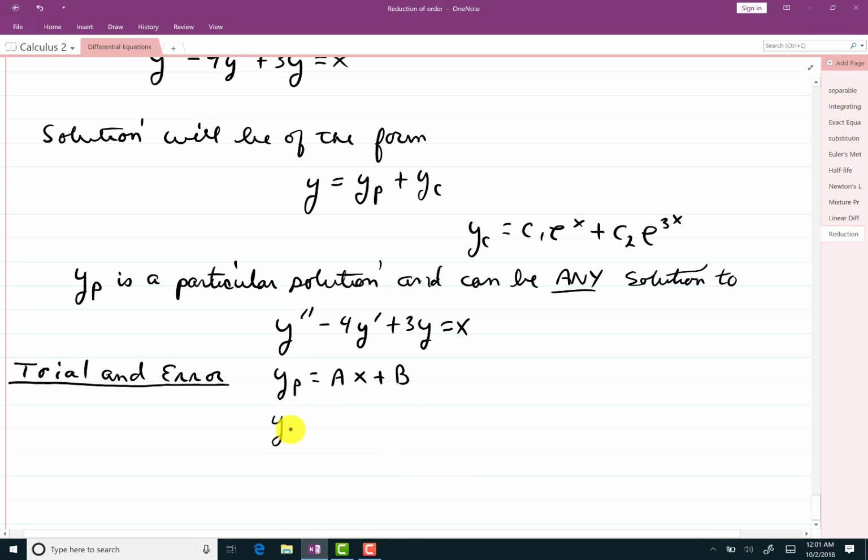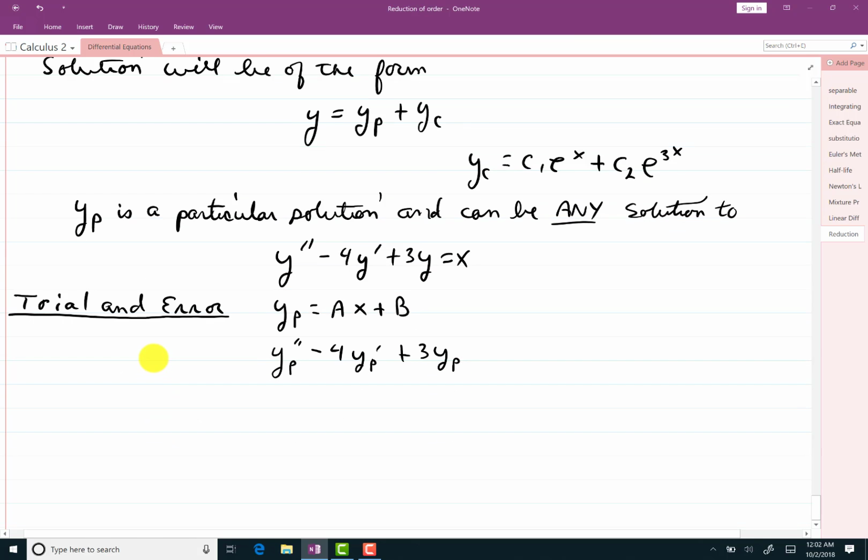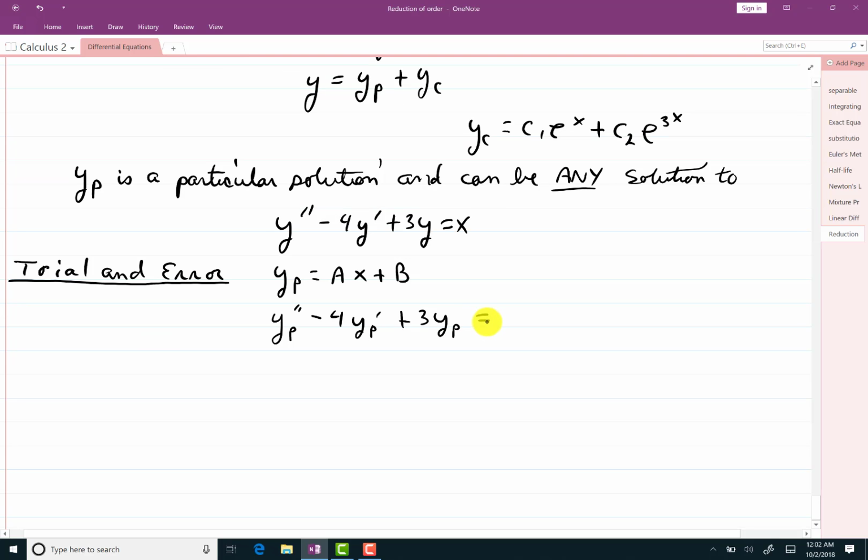Check it out. Let's go ahead and do these things. If I plug it in, I'll have y sub p double prime minus 4y sub p prime plus 3y sub p. Let's go ahead and plug these things in. All right, so y sub p double prime, as I mentioned, was 0, minus 4 times y sub p prime, which will simply be the number a, and then plus 3y sub p, which will be 3 times ax plus b. And this needs to turn out to equal just x.